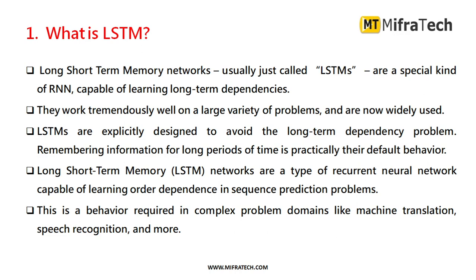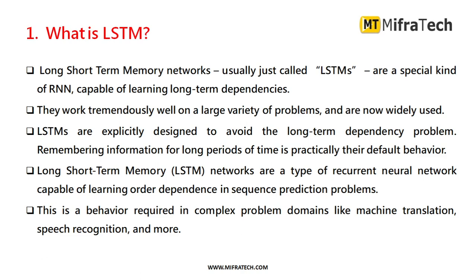And LSTMs are especially designed to avoid the long-term dependency problem. In some neural networks there is a dependency problem in remembering, so in order to avoid those situations, this LSTM is designed. Remembering information for a long period of time is practically the default behavior of this LSTM recurrent neural network. LSTM networks are a type of recurrent neural network capable of learning order dependencies in sequence prediction problems.